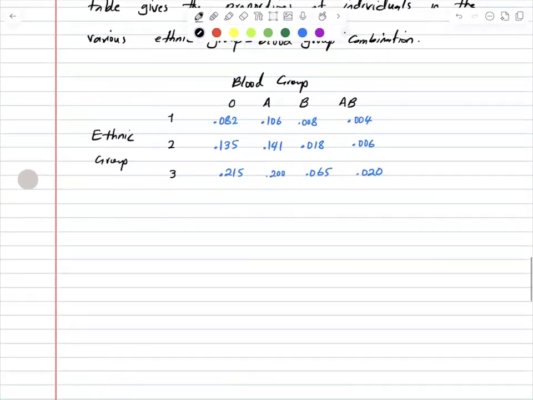Now, suppose an individual is randomly selected from the population.